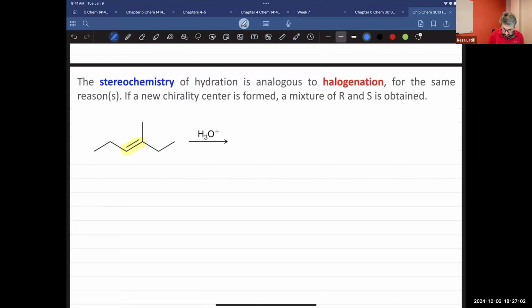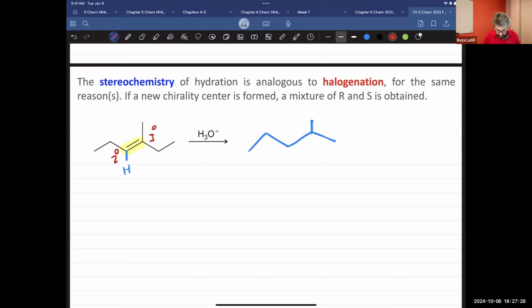Okay, in this case, the reaction is going to start with adding H plus, to where we have one carbon that has one H, the other side doesn't have one, and this carbon is a secondary carbon, that one is a tertiary carbon. So add the H to a side to get the most stable carbocation.